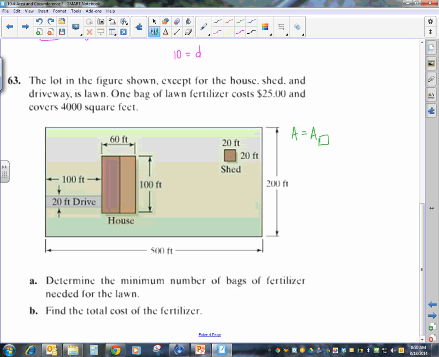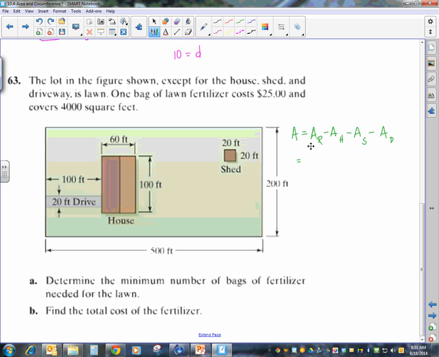It's the area of the rectangle minus the area of, let's use letters to represent those. So that's the area of the rectangle minus the area of the house minus the area of the shed minus the area of the driveway.